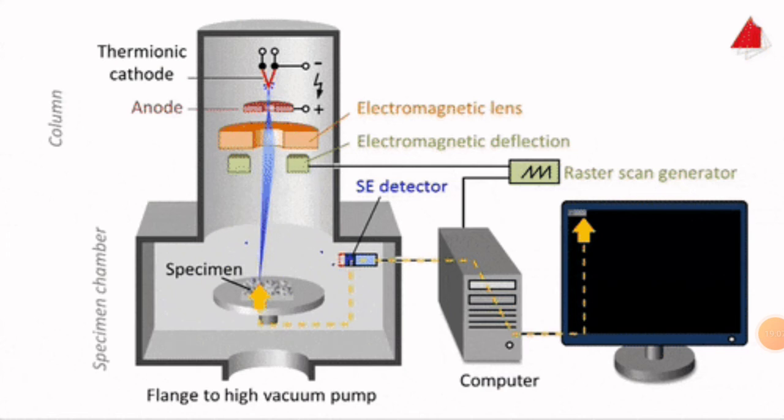So what do you think, if you dehydrate a live specimen, can it survive? No. That is the reason why both transmission electron microscopy and scanning electron microscopy cannot give you an image of a live specimen. For visualizing a live specimen, you have to rely on phase contrast microscopy or dark field microscopy.